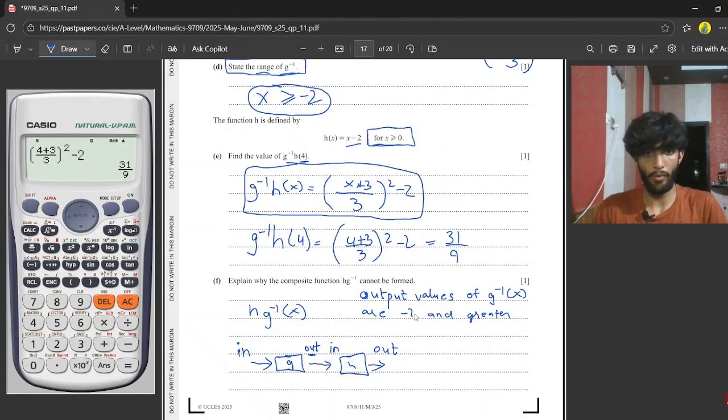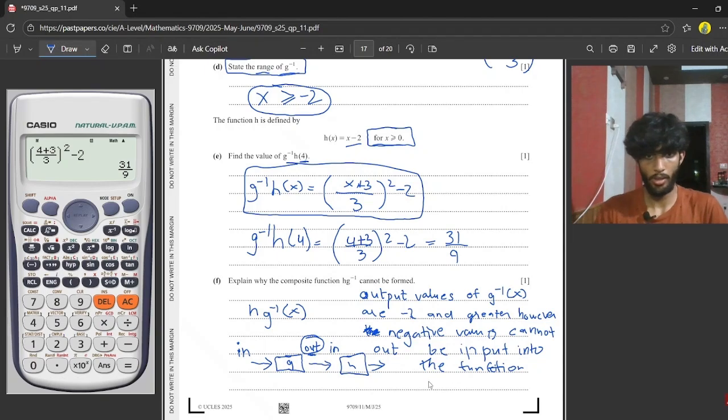So if you get negative 2 and negative 1 out of g inverse, you cannot send those values into h. These negative values cannot be input into the function h of x. So this is the reason why you cannot form this function.